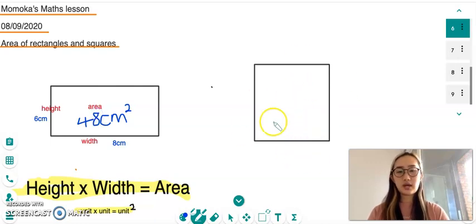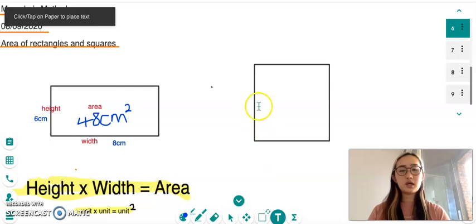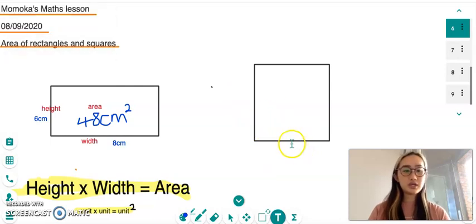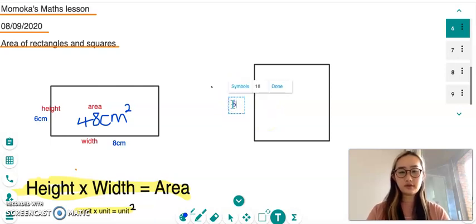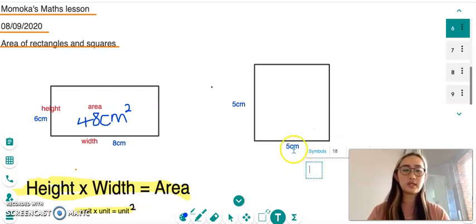Now this is a square, and we know squares have same length sides. So if this was 5 centimeters and this was 5 centimeters, what would the area be? One thing to remember with squares, because the sides are the same, you can actually do side squared equals area.